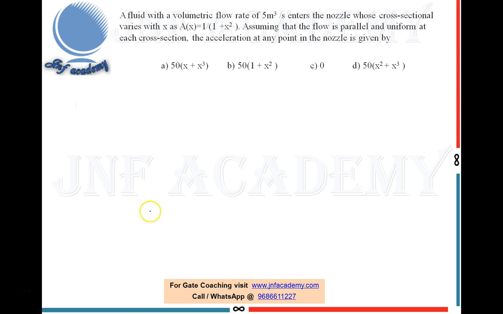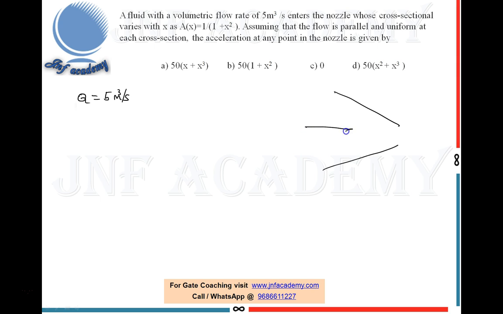So what they have given is the volumetric flow rate and the area. You all know volumetric flow rate is denoted by Q. So Q they have given: the volumetric flow rate is 5 meter cube per second. That's what is given here. And they also told that the area is not constant, the area is varying, which means what? It's a nozzle, so the area might vary like this.